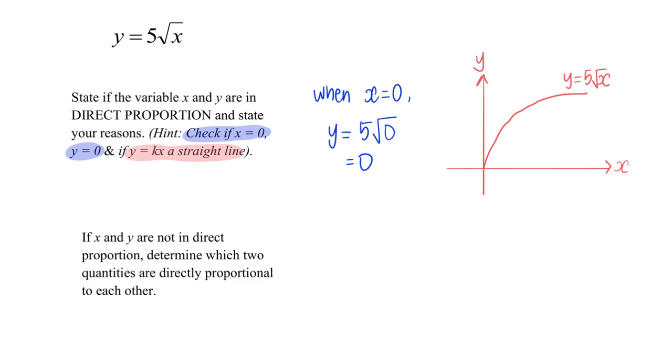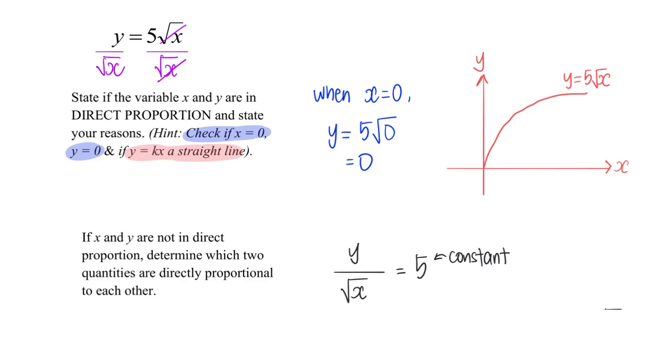Okay? So since x and y are not in direct proportion, what are the two quantities that are directly proportional to each other? Well, all we have to do is to make sure that when we divide two quantities, it is a constant. So in this case, when I divide by square root x on both sides of this equation, this is the result, 5, which is a constant, a number, fixed.